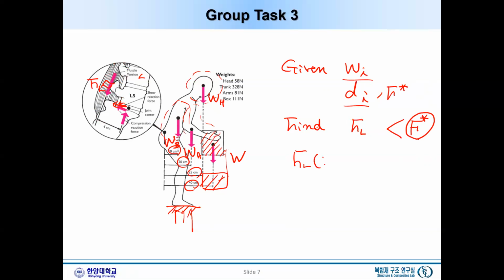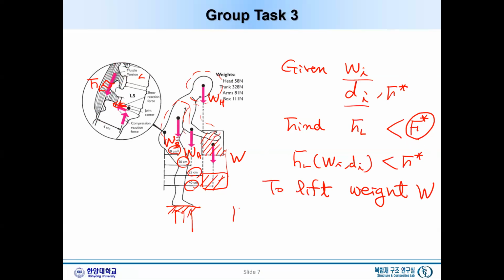So FL will be given in terms of the Wi and Di, and you are also given F star, and FL should be less than F star. To lift a certain weight W, please really discuss within your group how to lift a weight.